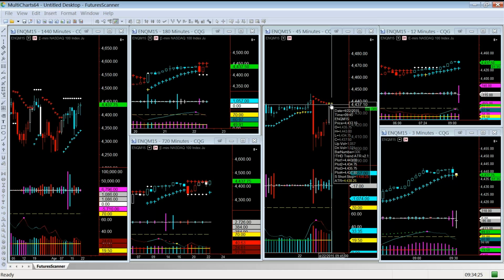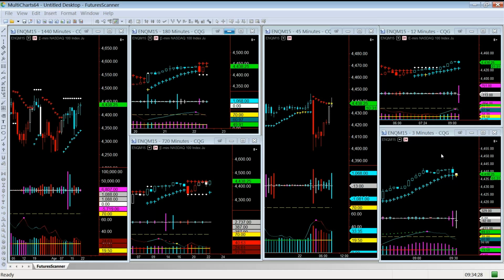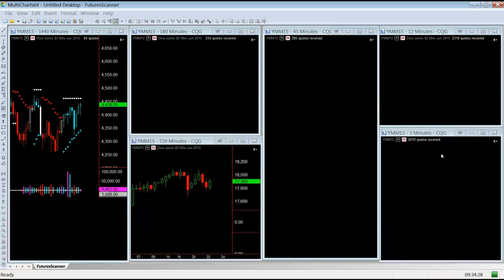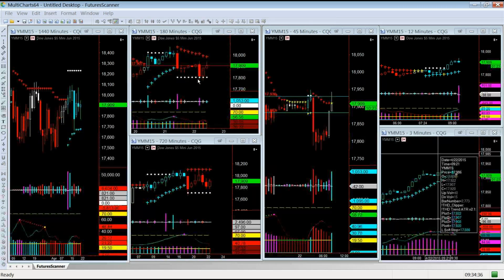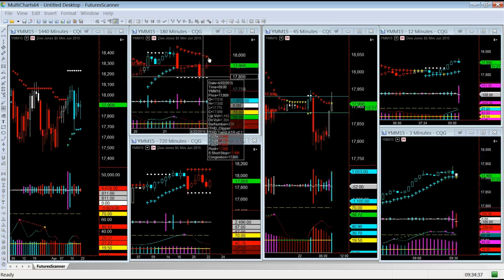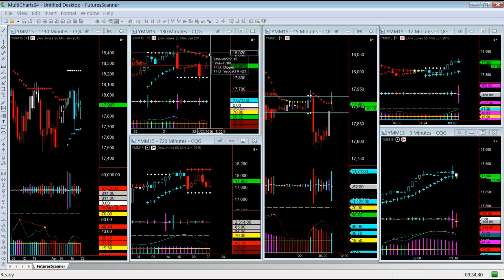The Dow, we had room to move. The Dow, we were down here. We had room for it to move up. Okay? That's the difference. There was nothing in the way here.